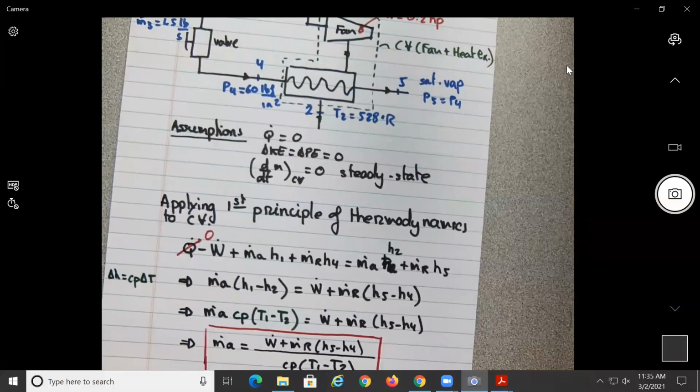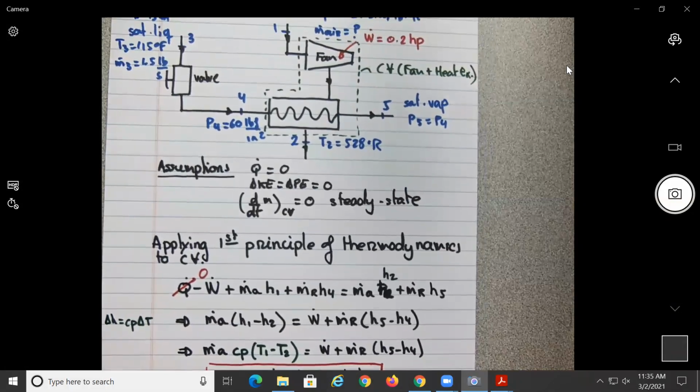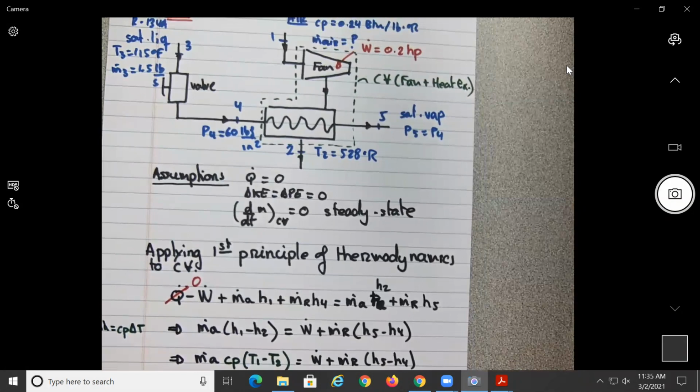Somebody asked me, but now this is steady state. Steady state implies conservation of mass. Conservation of mass means there's the same amount of mass coming in and coming out.